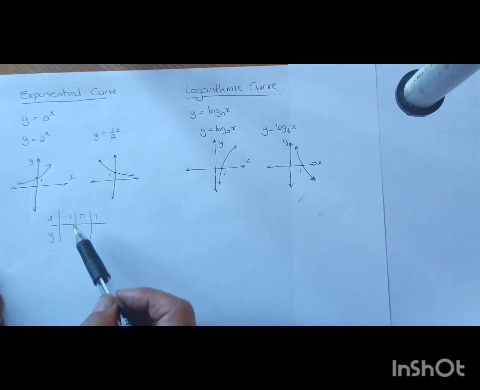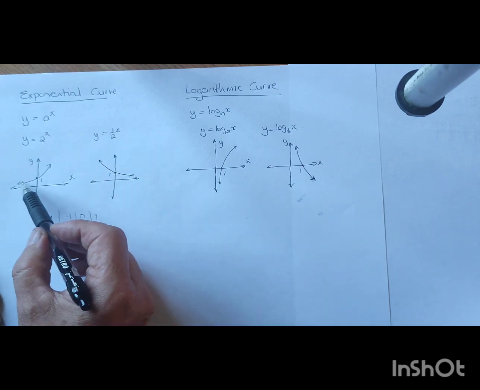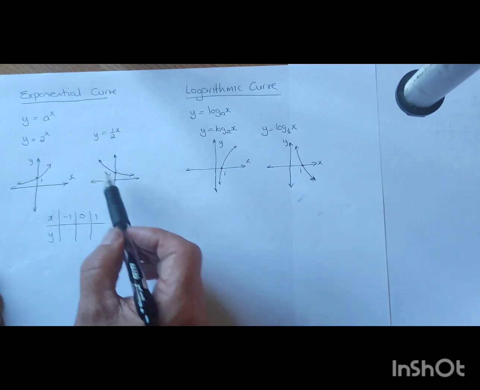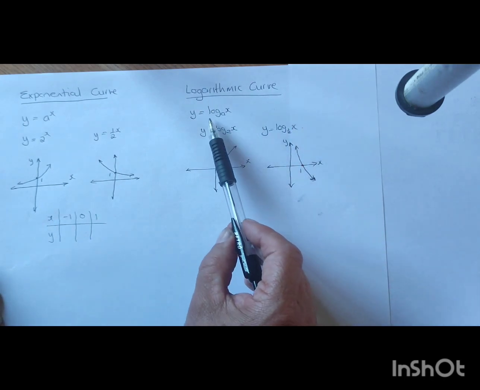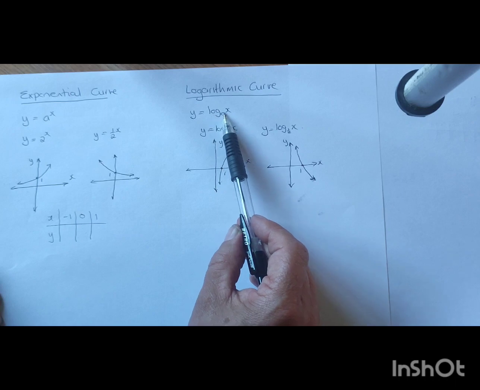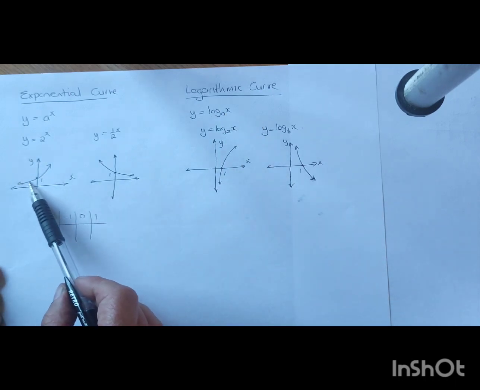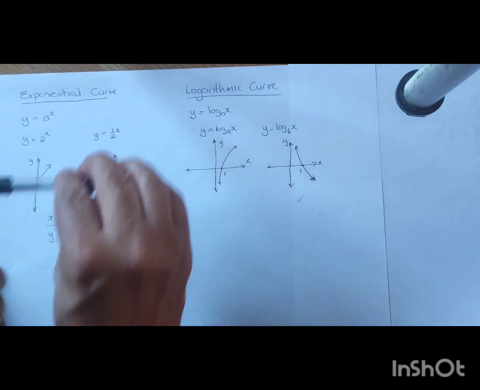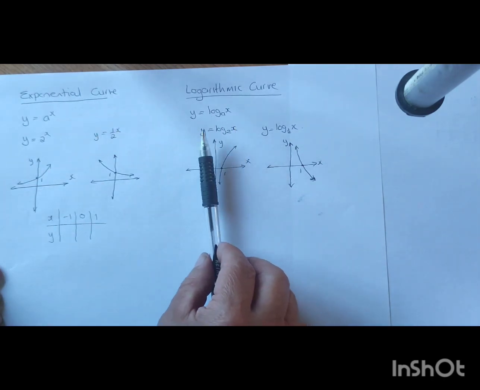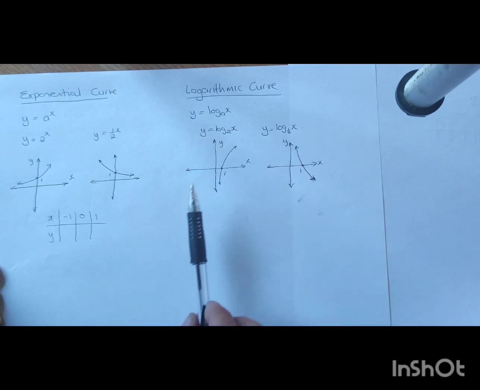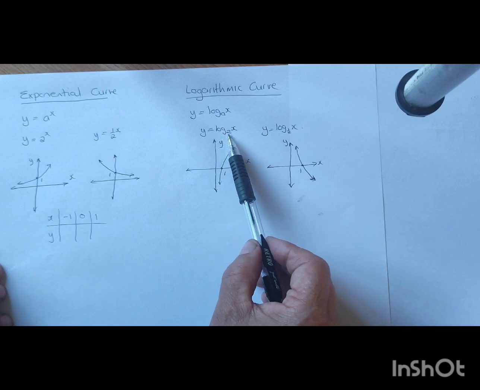You use your calculator, you substitute these values into it, and that will give you the points to plot the graph as well. If I go to a logarithmic curve, now I have a log or a ln there. Where the exponential curve is above the x-axis, the logarithmic curve is on the right hand side of the y-axis.